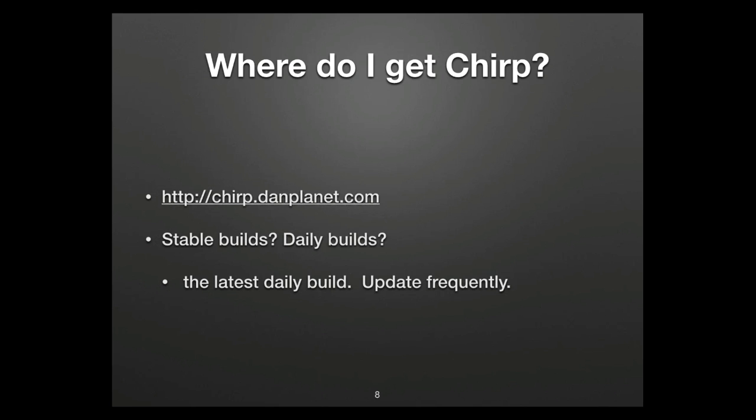It's always best, and all the developers are now recommending, using the daily build and update frequently, in case whatever radio you want to use isn't currently supported. So that's kind of where you get CHIRP and where you see what's going on.